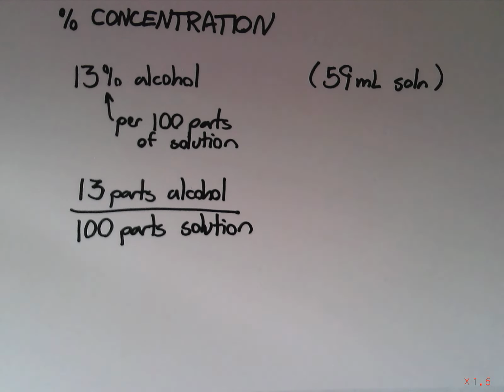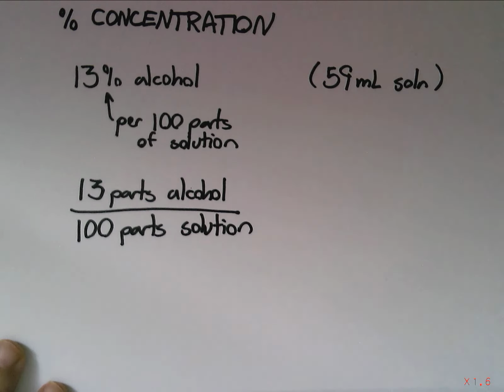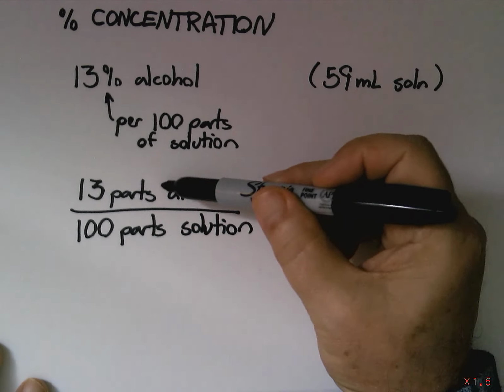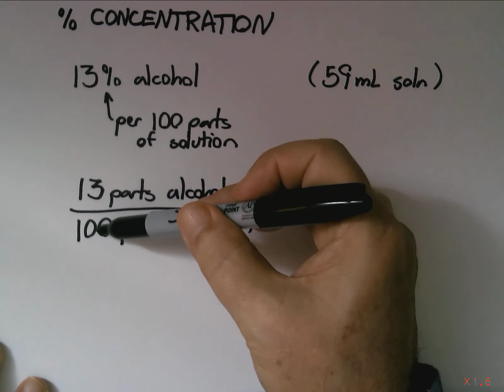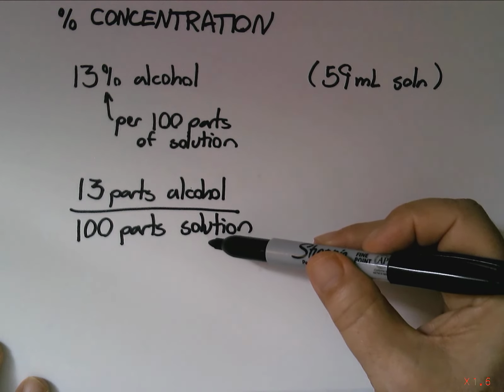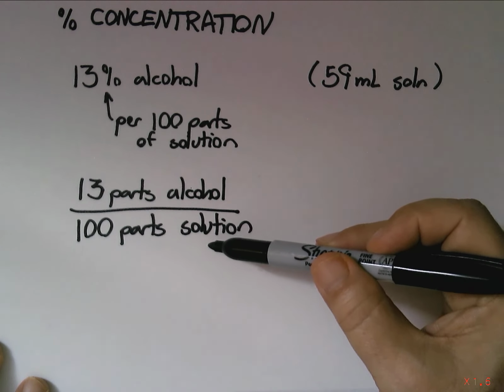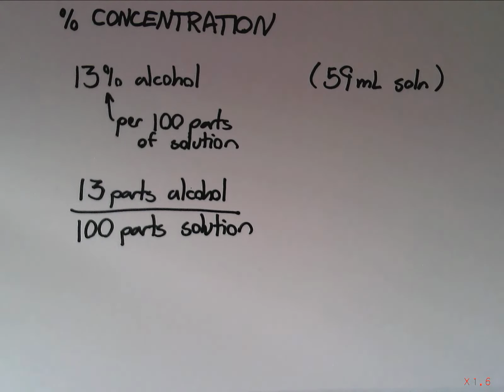Okay, now this gives me a relationship between parts of alcohol and parts of solution. It kind of tells me how to make up the solution too. Put 13 parts of alcohol in and then add water or whatever it's dissolved in, add your solvent until the mark comes up to 100 parts of solution and mix it. So that number tells me how to make this solution up.